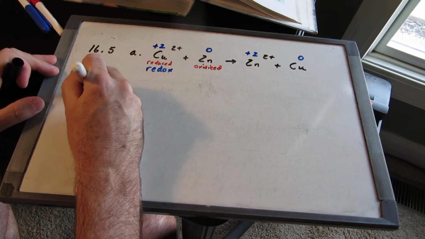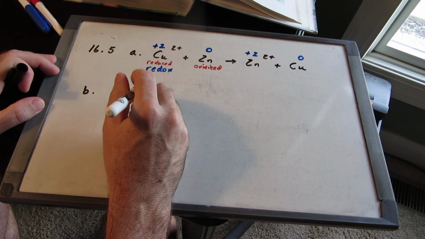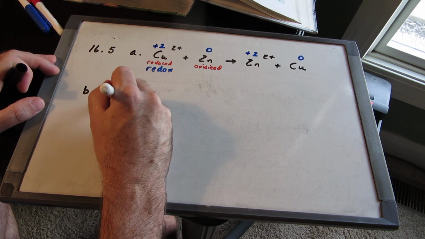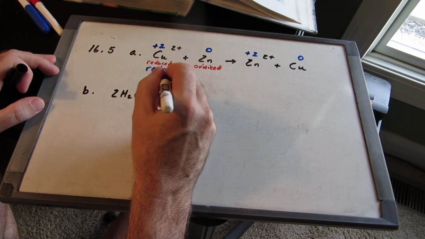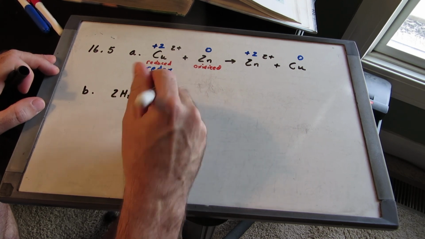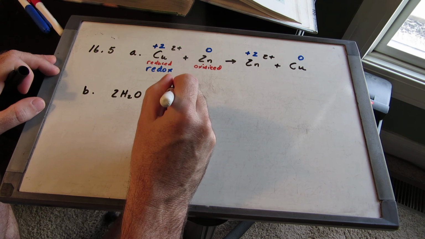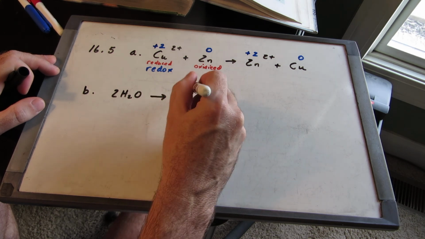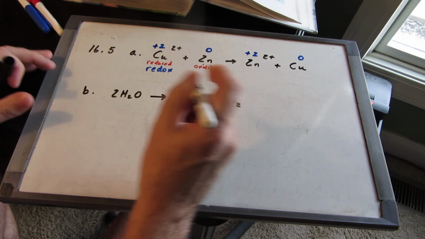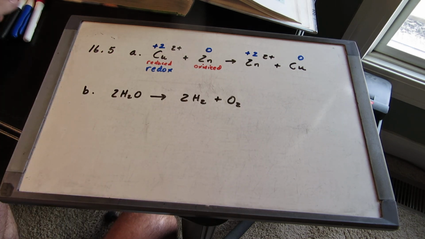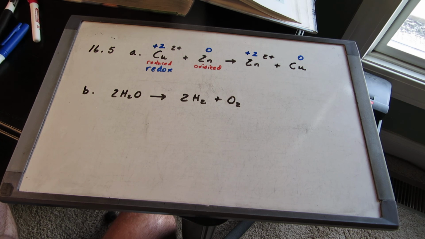All right, part B. Okay, we've got 2H2O makes 2H2 plus O2. We have a rule for oxygen.